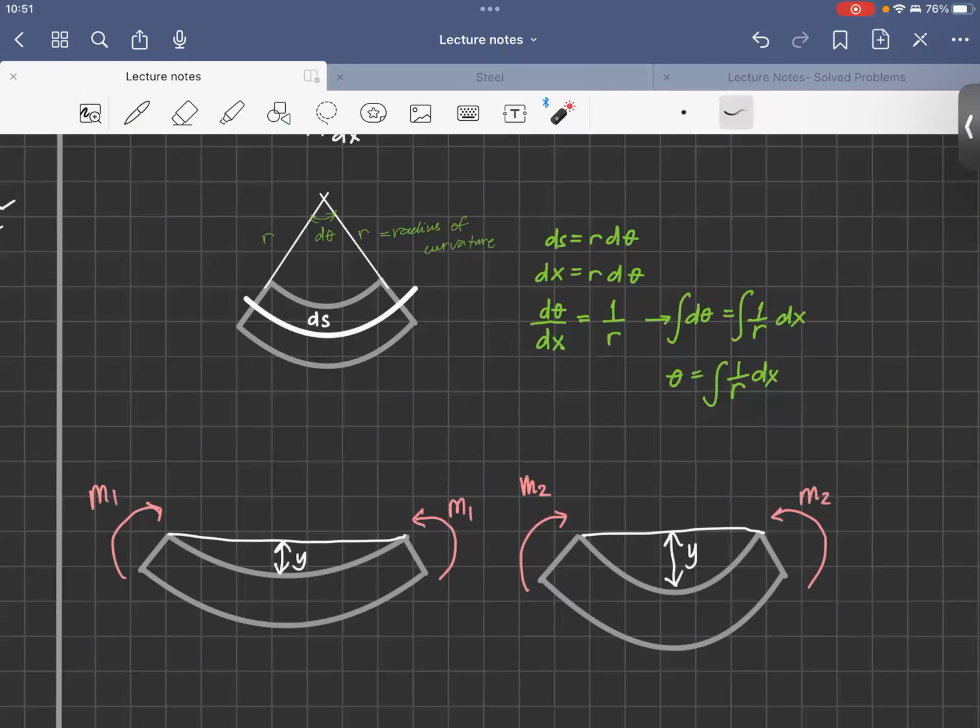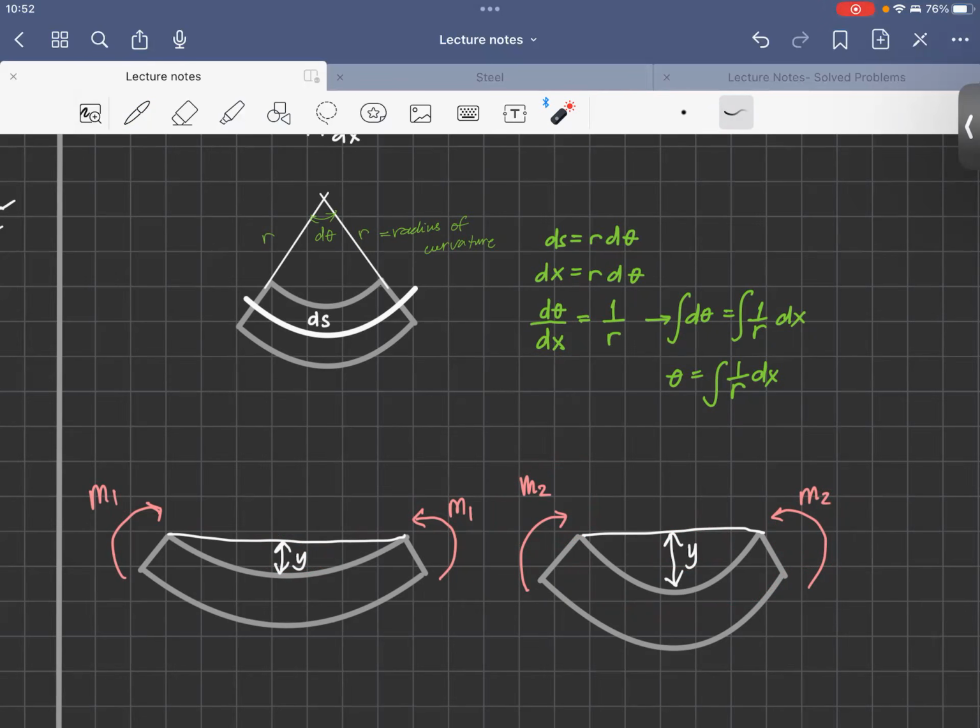So, i-compare mo, yung mas maliit yung moment, medyo maliit lang yung kanyang deflection. Nung lumaki na yung bending moment, syempre lumaki yung bending, so lumaki din yung deflection. So, we can say that the amount of deflection on the beam is directly proportional to the magnitude of the bending moment on the beam.